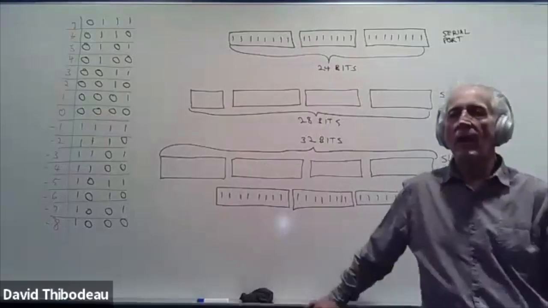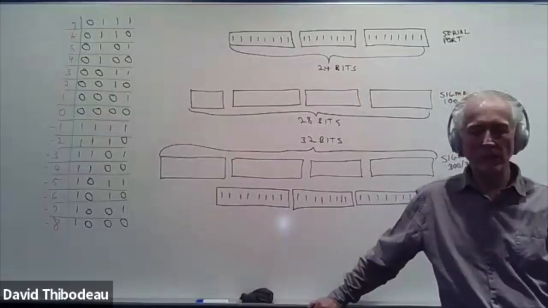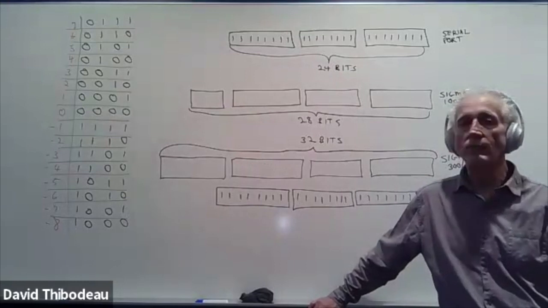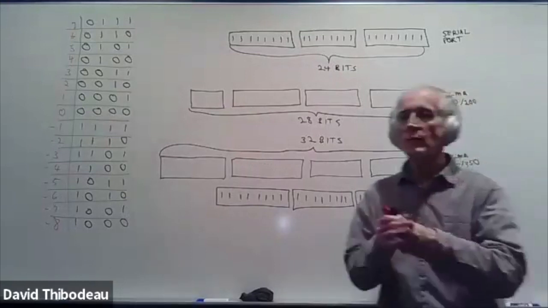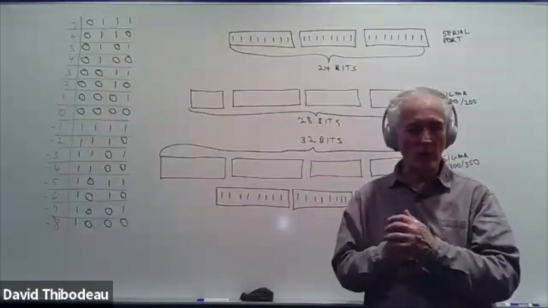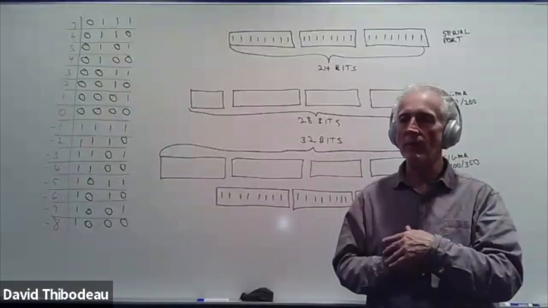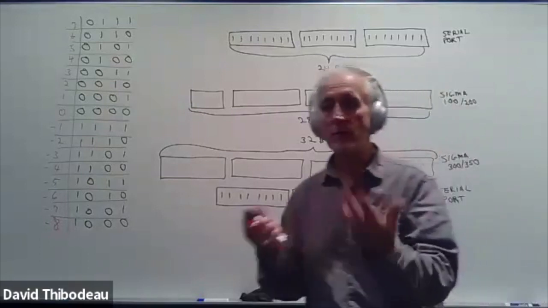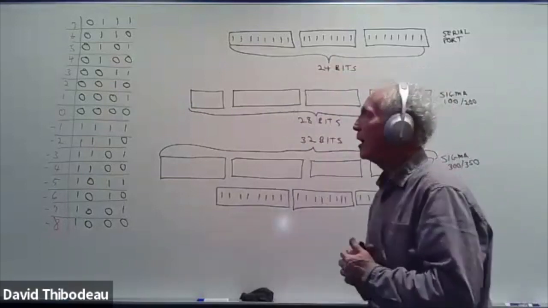Hello. I want to talk a little bit about transferring data between the serial ports and the cores of the two major DSPs we have, as far as the bit depth inside the DSP cores.